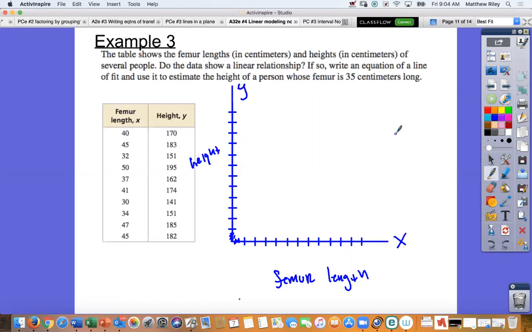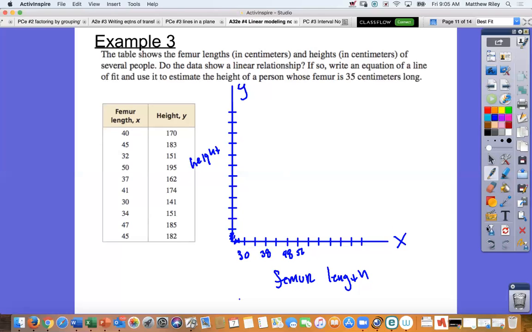All right, so if I know that my shortest is 30 and my longest is 50, I can go ahead and do 30. And just because this is kind of messed up, let's go by 4. So 34, 38, 42, 48, 52.